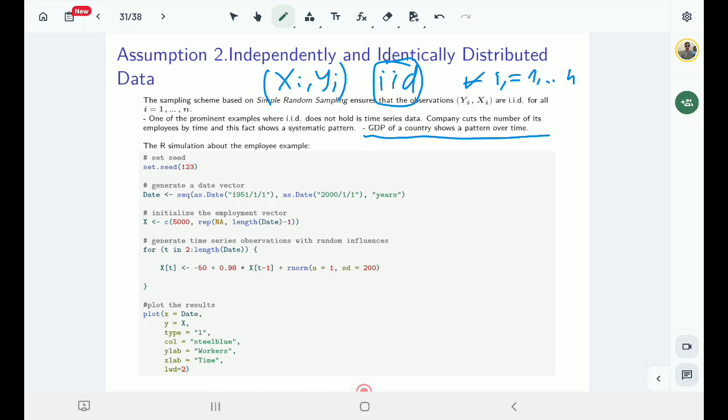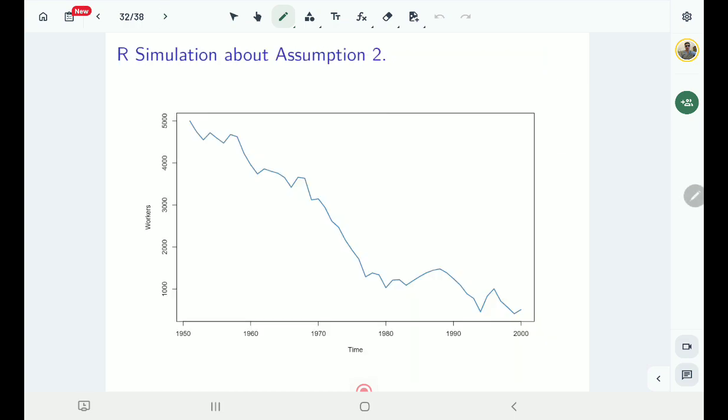That is where mainly the independence assumption is violated. In time series data, there is no independence most of the time. Here we see some kind of pattern over time. You can have a look at this simulation.